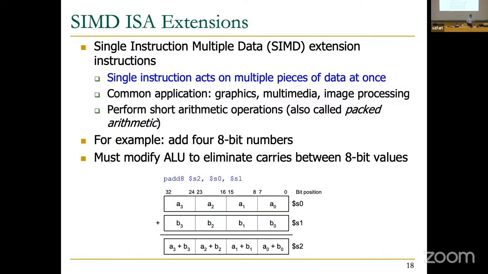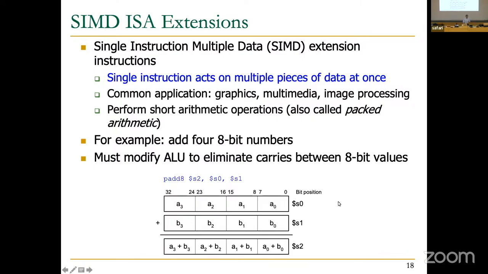You basically act on 4 elements at a time. Here you can see an example at the bottom from an earlier Intel multimedia extension instruction. And why were these introduced? As the recommended reading describes very clearly, people wanted to accelerate graphics, multimedia, and image processing applications that were becoming more popular in the 1990s.